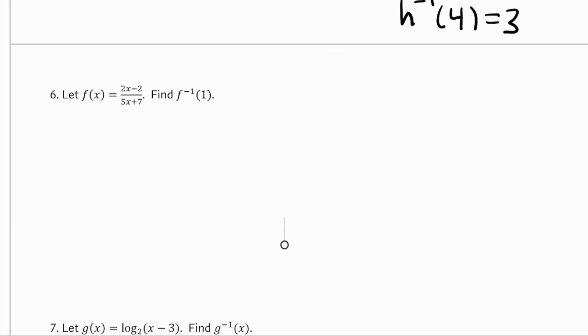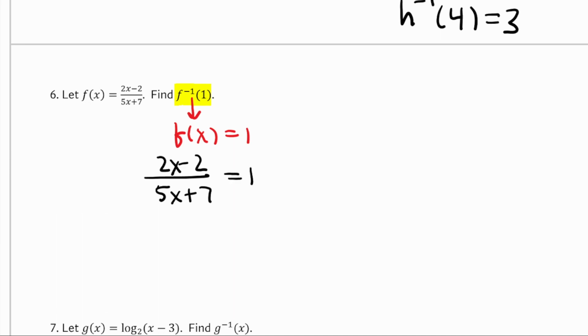All right, with this one, f of x, find f inverse of 1. Kind of like the last one, I'm going to say f of x needs to equal 1. I've got a formula for f of x, so that's 2x minus 2 over 5x plus 7 equaling 1. I'm going to multiply both sides by 5x plus 7, or you could look at it as, the only way a fraction can equal 1 is if the numerator and denominator are equal.